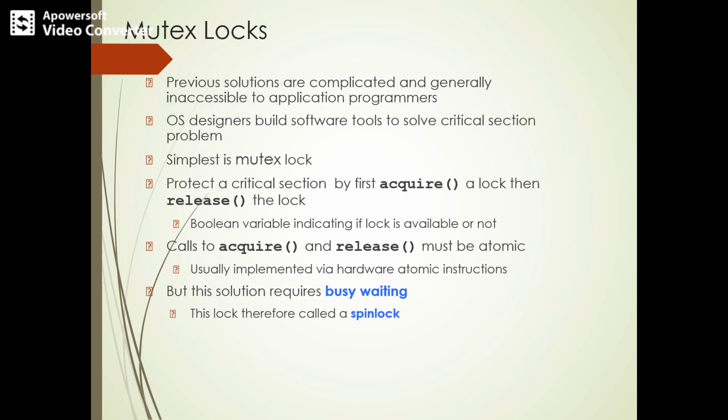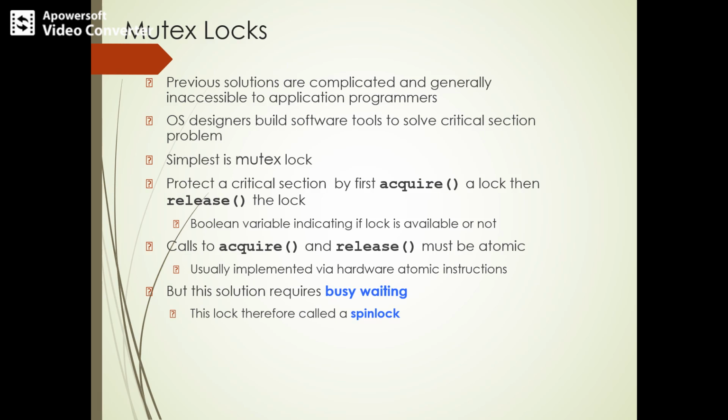So here we have calls to acquire and release lock. In order to protect the critical section, we first acquire a lock, and there will be certain calls in the critical section wherein the process can perform the task.